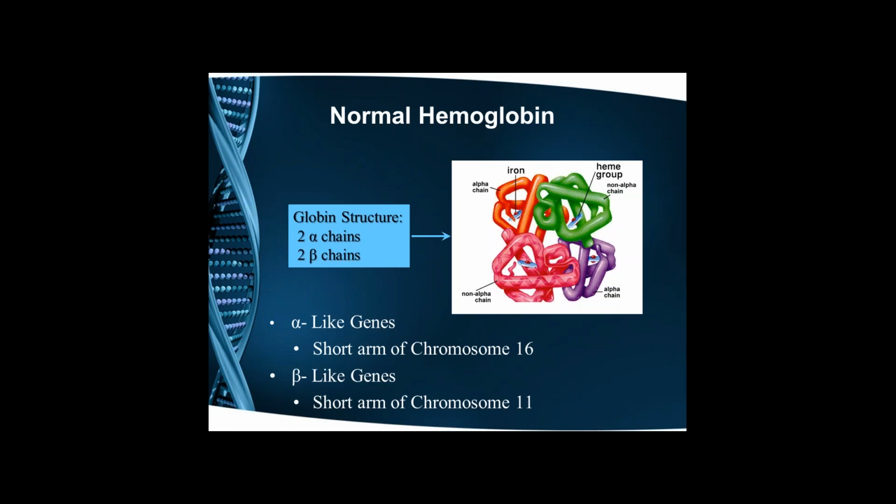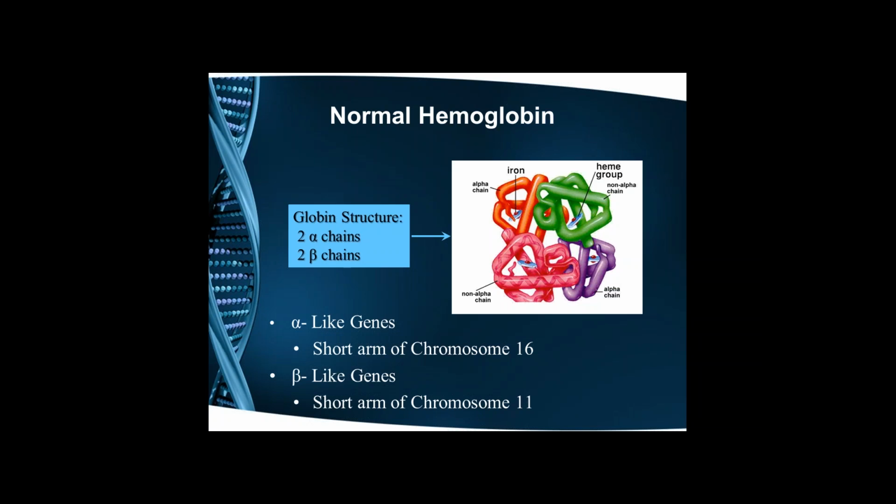Okay, sir. So as we all know, we all are aware of the basic structure of the normal hemoglobin. That is the alpha chain and the beta chain with the iron sandwich in between.